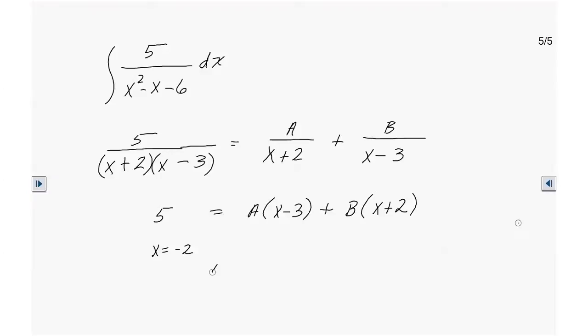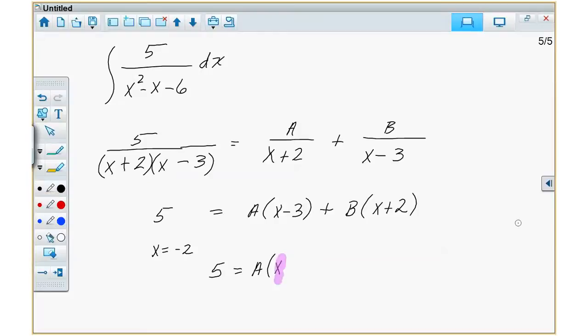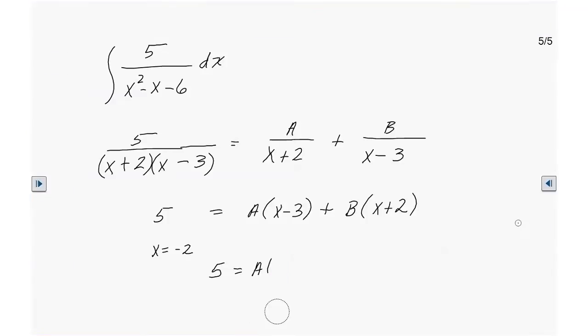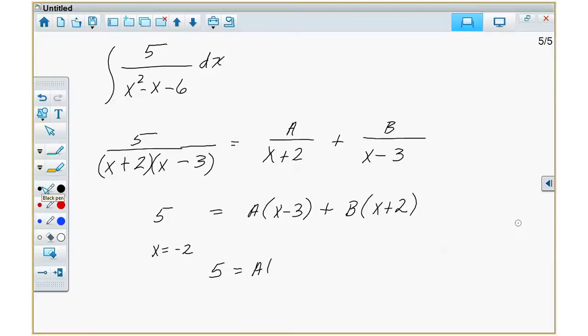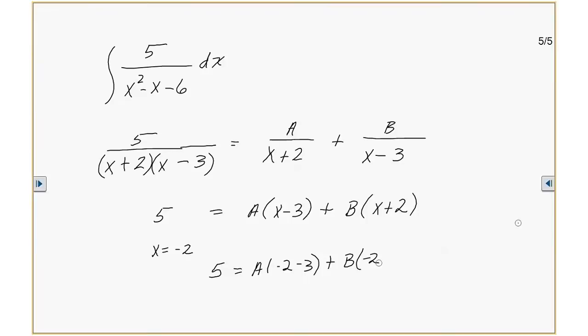So that's 5 is equal to A times negative 2 minus 3 plus B times negative 2 plus 2.